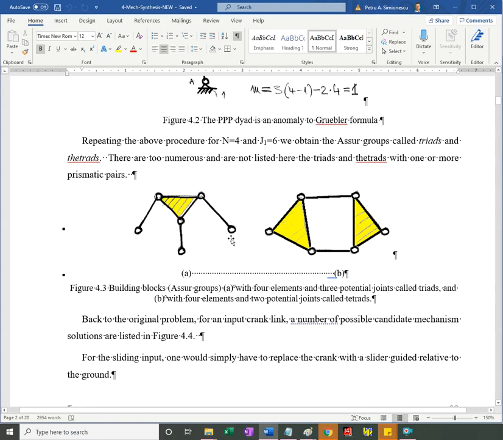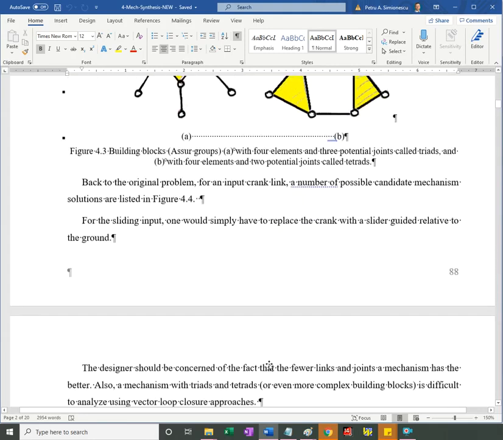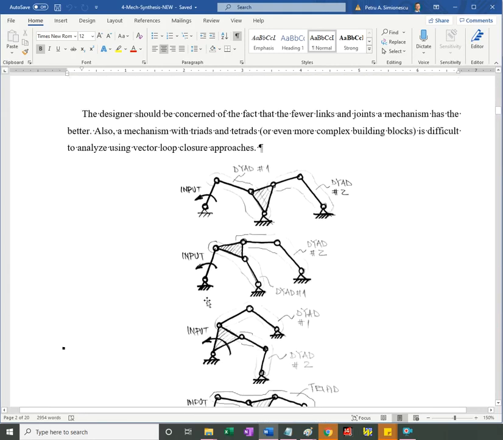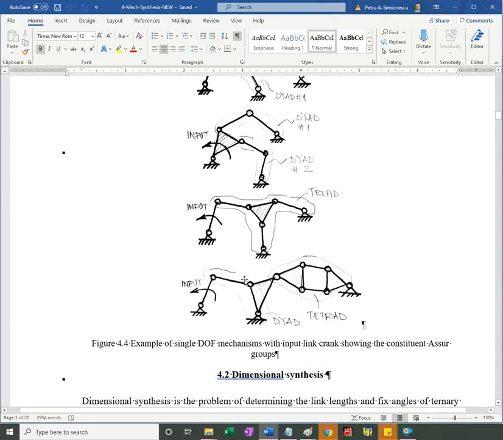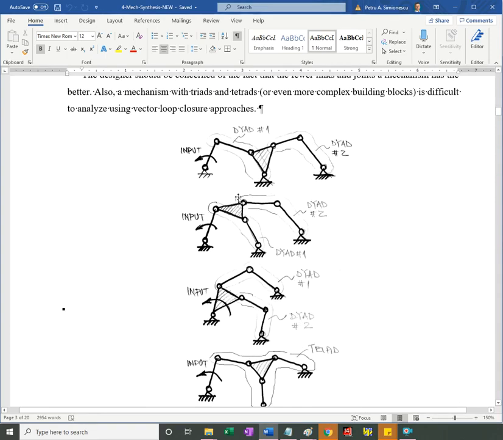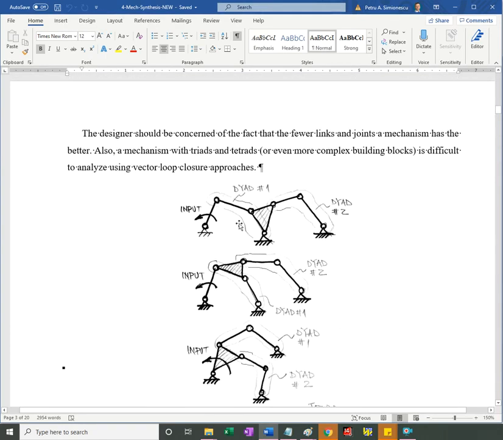Still useful though for synthesizing planetary transmissions, complex ones with multiple planets, because we can get the equivalent of a gear pair using linkages, and I believe we discussed that. Okay, and some examples where you start with a... and this is the one that I drew in Paint.